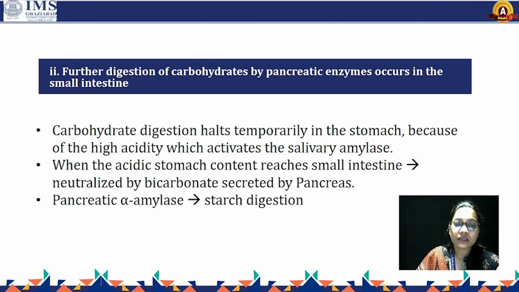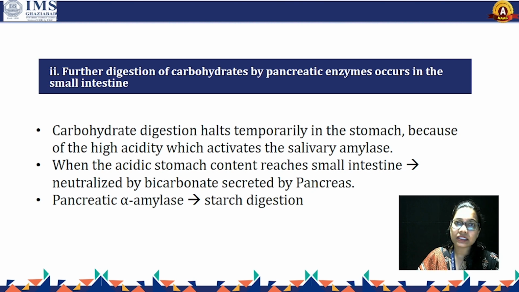As soon as the food part, that is the chyme, travels towards the small intestine, the enzymes coming from the pancreas act on the chyme and convert it into the simplest form. So carbohydrate digestion halts temporarily in the stomach because of the high acidity, which inactivates the salivary amylase. When the acidic stomach content reaches the small intestine, it is neutralized by the bicarbonate ions secreted by the pancreas.